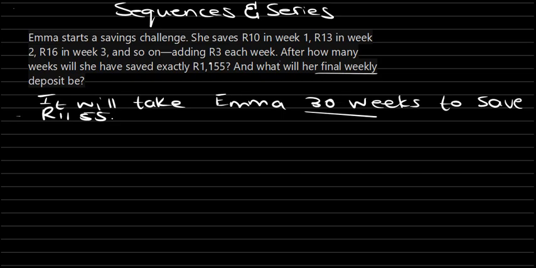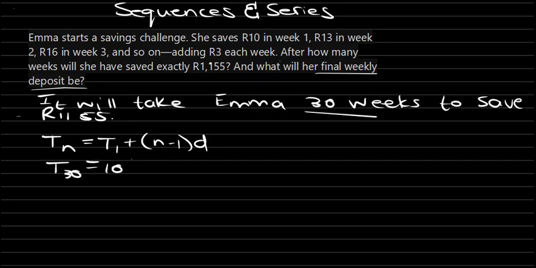They want to know what the final weekly deposit is, and for that we use our general term, Tn equals T1 plus n minus 1 times d, and in this case T1 is 10. T30 equals 10 plus 30 minus 1 times 3, and that equals 10 plus 29 times 3, that's 87, plus 10 is 97.